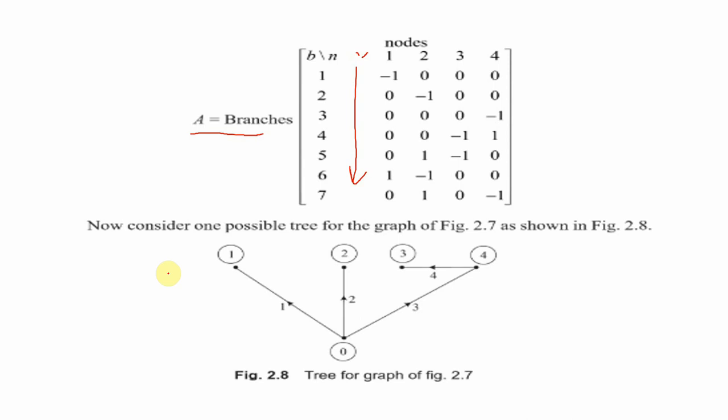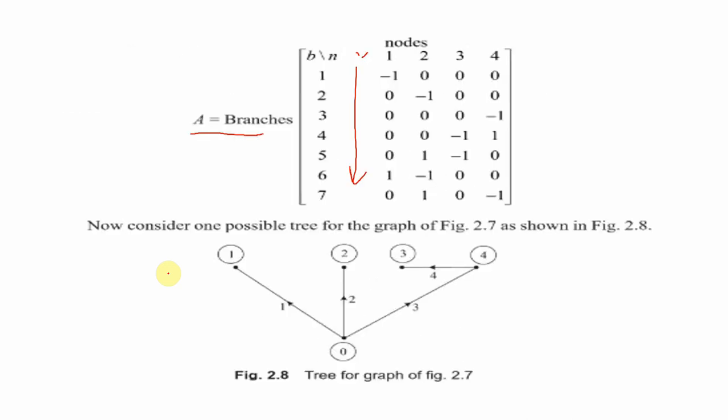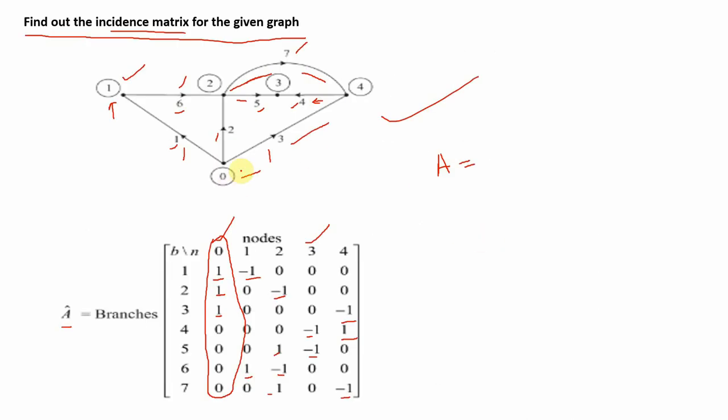Now next, suppose they ask to find out a tree branch path incidence matrix. In that case your matrix will be different, right? So for example here, consider one possible tree of the following graph of figure 2.7. Figure 2.7 means this figure, right? So they draw a tree.